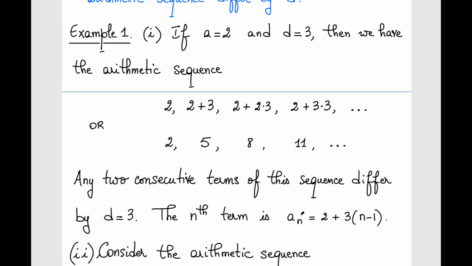For example, let's say the ninth term. What's the ninth term? This is when n is 9, right? So a9 is 2 plus 3 times 9 minus 1. 9 minus 1 is 8. 8 times 3 is 24. 24 plus 2 is 26. So the ninth term is 26.